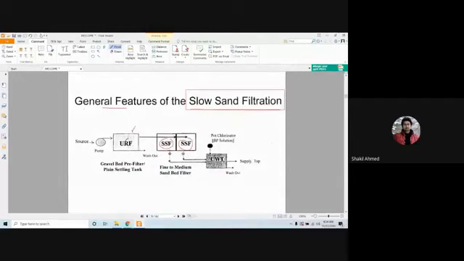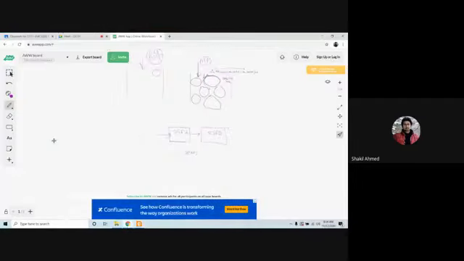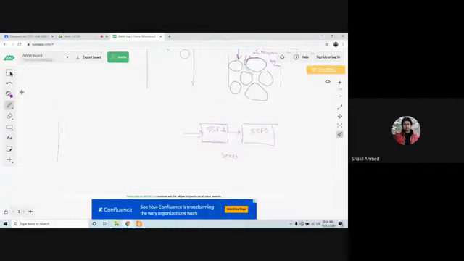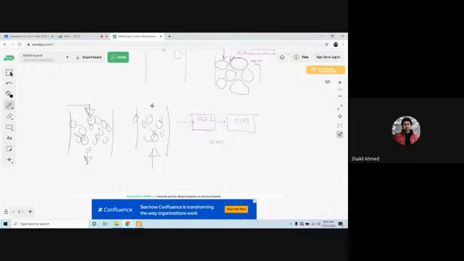What is U? U means upflow. In a filter, these are the filter media. Now, the water can move from there to there, or the water can move from there to there.